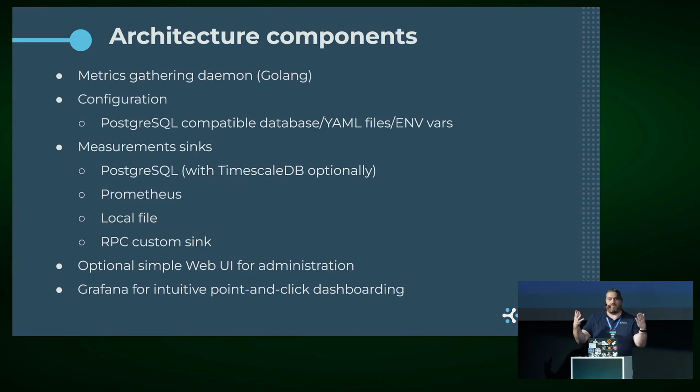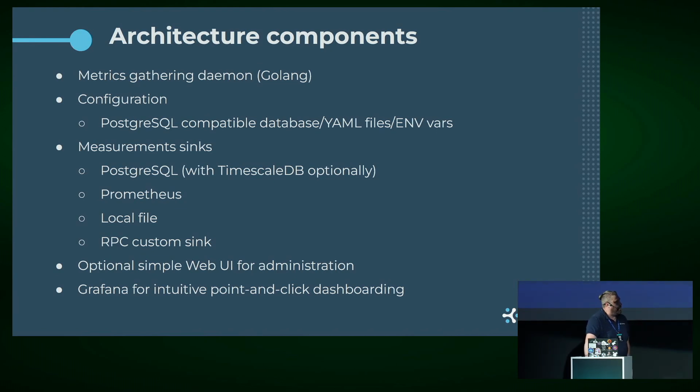So we want to give you the ability to use RPC, which means you can write your own binary that will connect to the main PGWatch and receive the data, and you can do with it whatever you want. Alerting, I don't know, archiving, what else? Sending it somewhere else, whatever ideas you have.